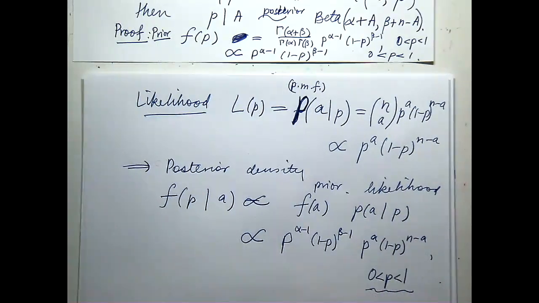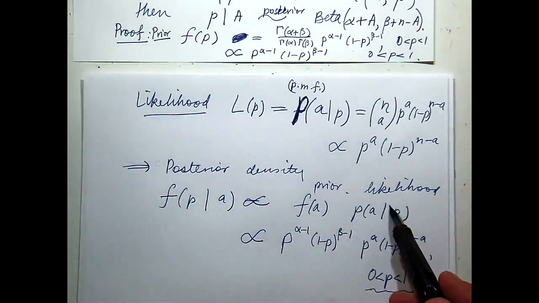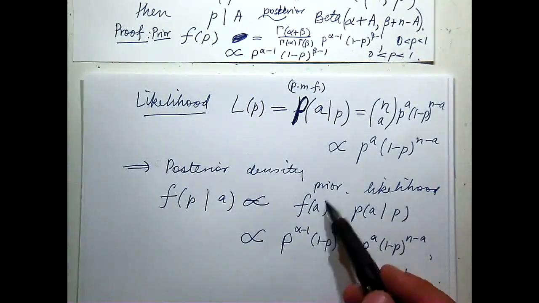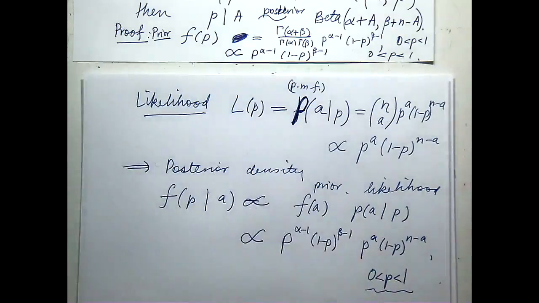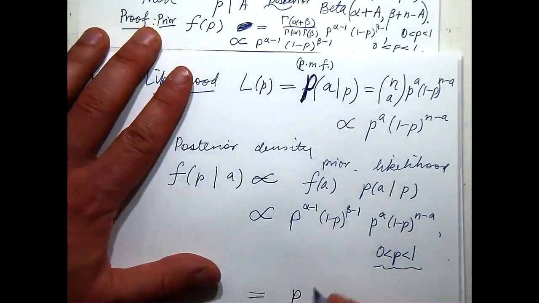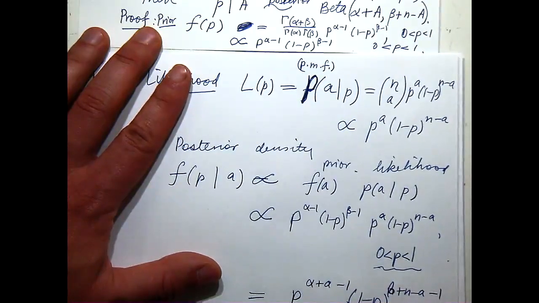So if you want to avoid all that discussion, feel free to omit constants from both the prior and certainly the likelihood. If you omit the constant from the likelihood, you don't even get a proportional sign. If you omit the constant from the prior, you might have to recover it at the end. But okay, so let's do that. So that equals p to the power alpha plus A minus 1, 1 minus p to the power beta plus n minus A minus 1, for 0 less than p less than 1.